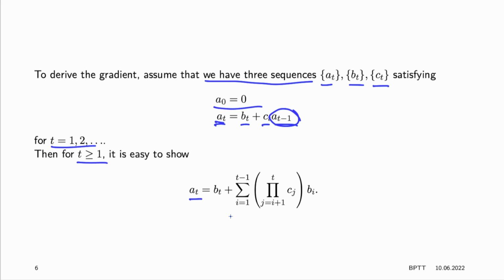a_t is equal to b_t plus the sum from index i equals 1 to t minus 1 of the product over index j from i plus 1 through t of c_j times b_i.